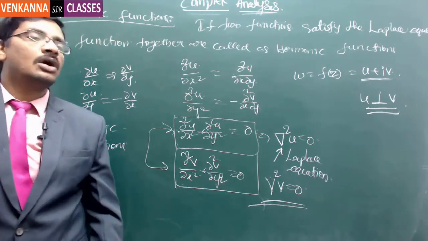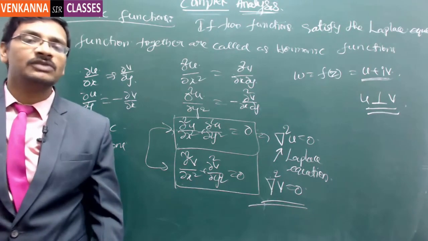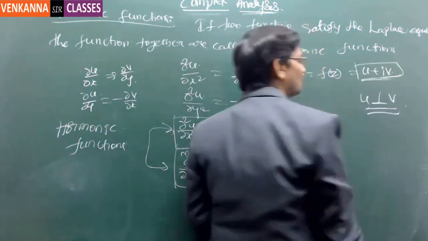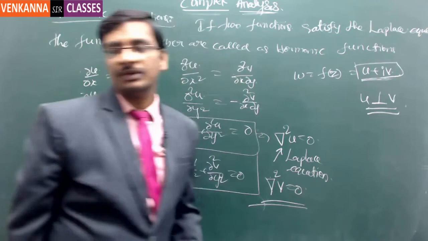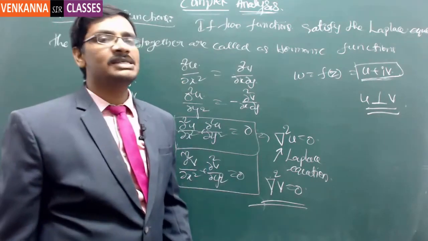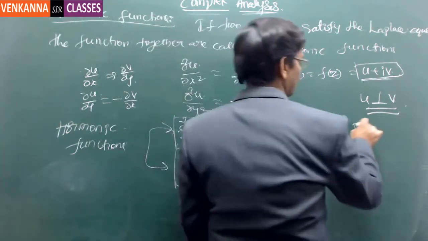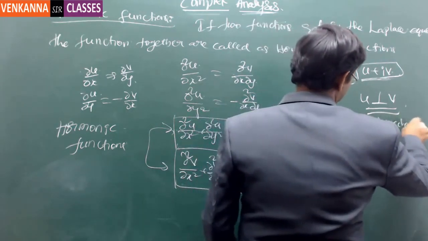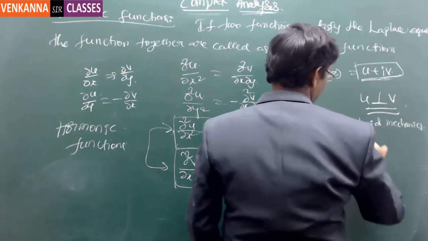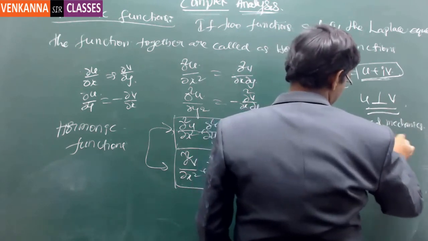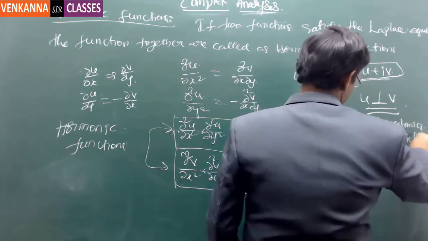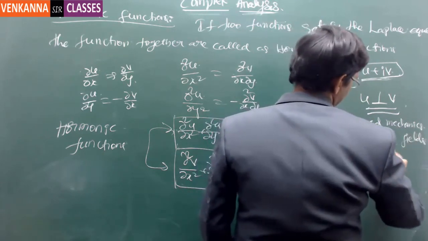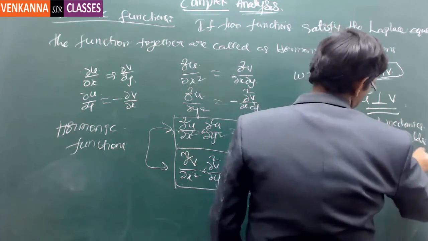This has got a lot of applications, almost an infinite number of applications, just because of the simple reason that these two functions are perpendicular to each other. Especially this analysis is very much needed for fluid mechanics, and electric fields, and thermodynamics, whatnot.